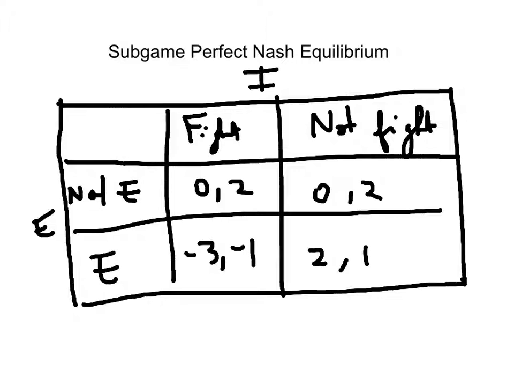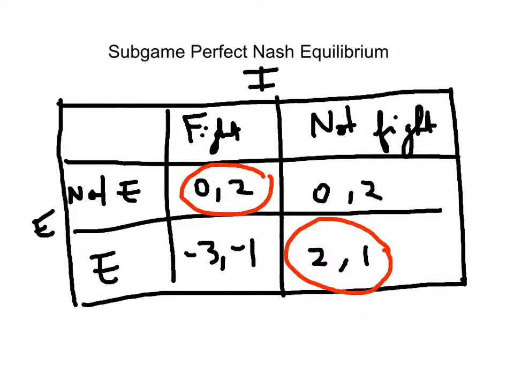So there's a loss of market share, if you like. Now in this game you can easily verify that there are two Nash equilibria. Not entering and firm I fighting is a Nash equilibrium, and entering the market and the incumbent responding by accommodating is another Nash equilibrium.